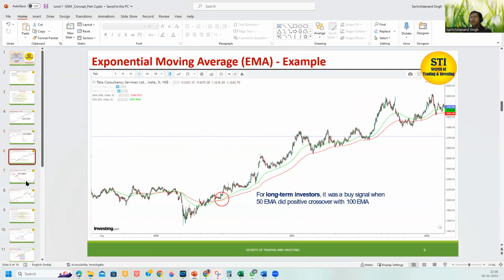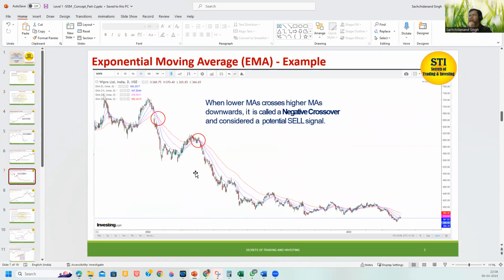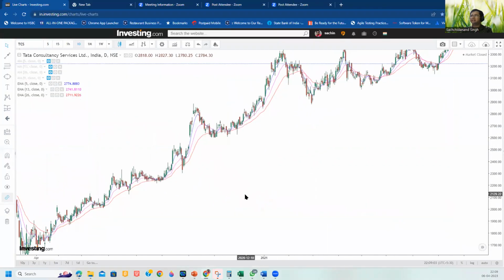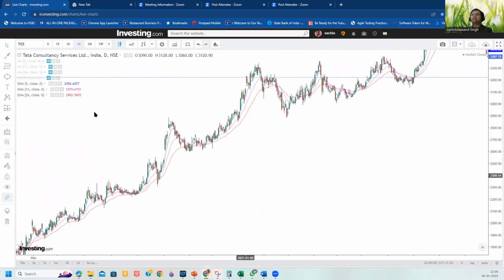Next is the use of EMA for a negative crossover, or sell entry or exit, right? So a short entry we can say, or the exit we can say. Can you suggest any stock which is in a downward trend or falling in the market?